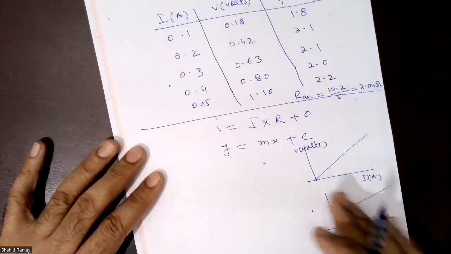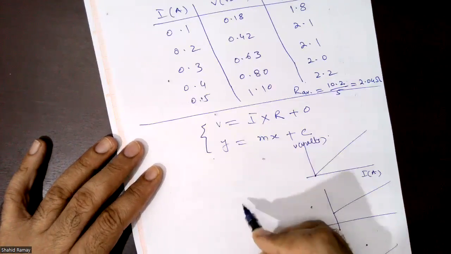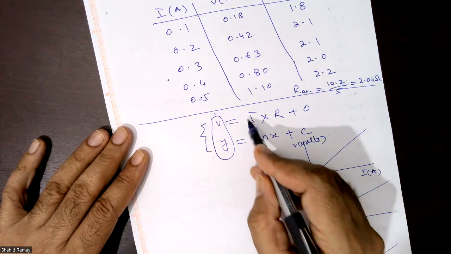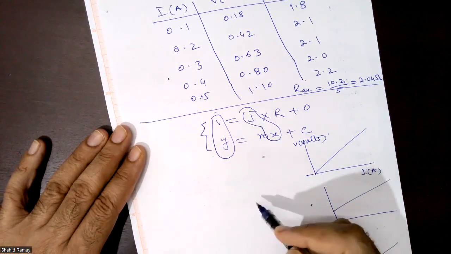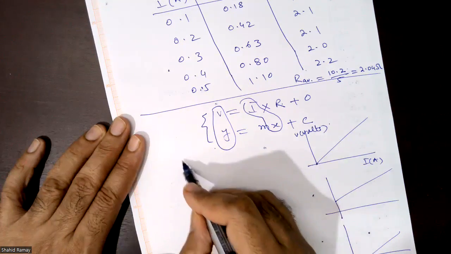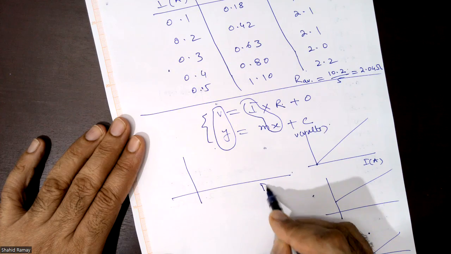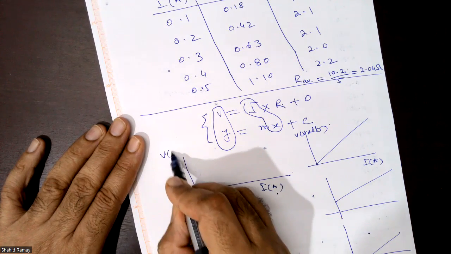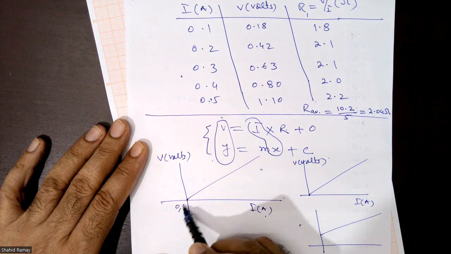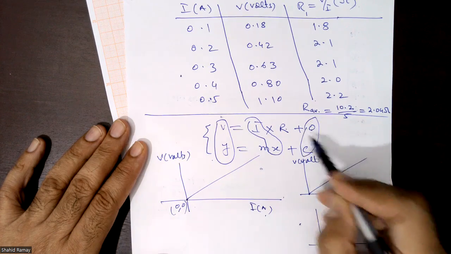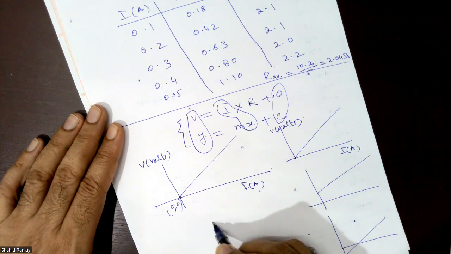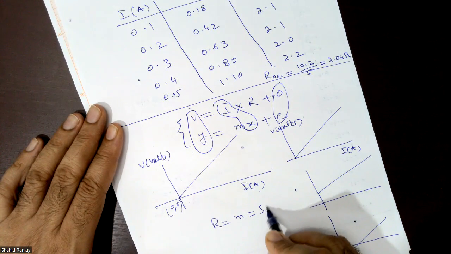Now, if we compare these two equations, then V is along y-axis and I is along x-axis and R is m. So in the graph, this is your I-axis, this is your V-axis, and this is our line which is passing through 0, 0 due to c is equal to 0, and R is m. R is m means this is the slope.